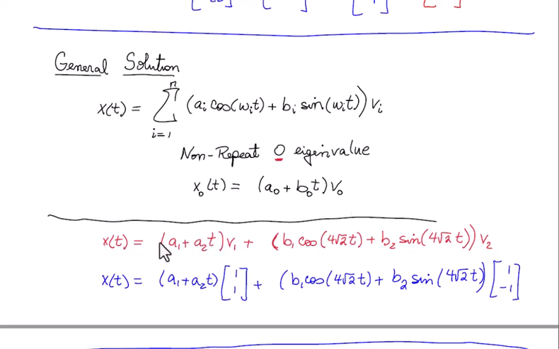Well, our solution is a1 plus a2t times v1. That's because we had a 0 eigenvalue. My other omega, omega 2, was 4 square root 2. That's there, and that goes with the eigenvector v2. So plug those in, 1, 1, 1, minus 1.